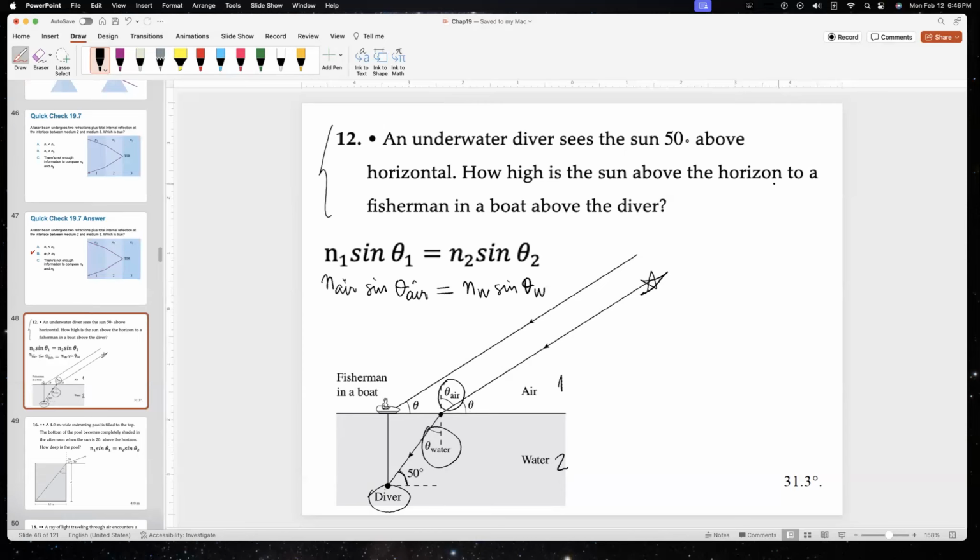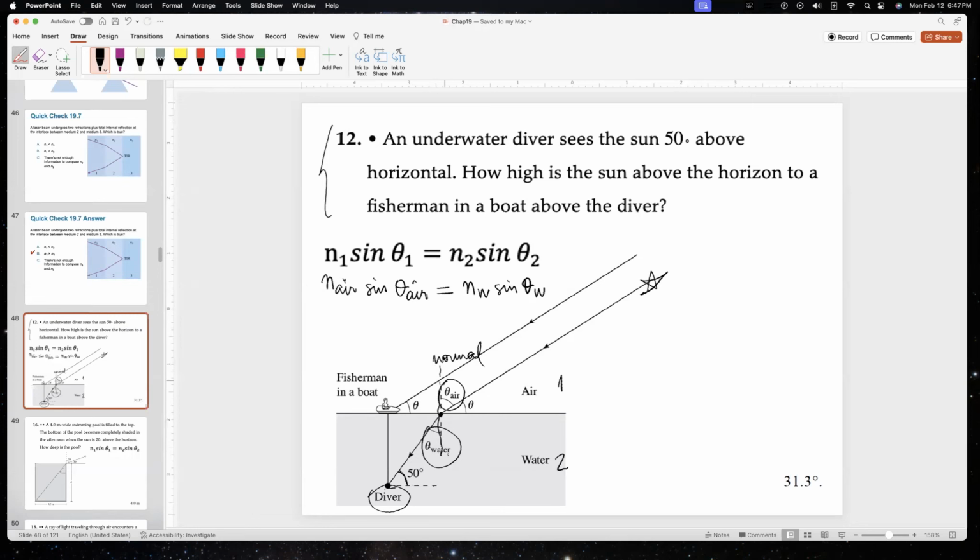Notice that 50 degrees, you should draw 50 degrees above the horizon of the diver. That's not theta water. Theta water is made with the normal line, the imaginary normal line here. Draw the normal line to the surface. The surface is the boundary between air and water. You always have to draw the normal line.